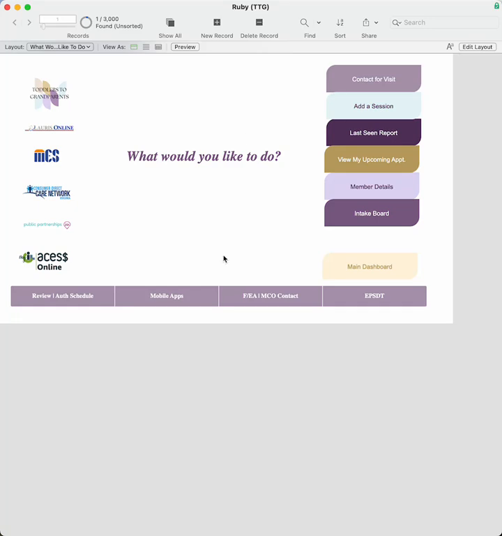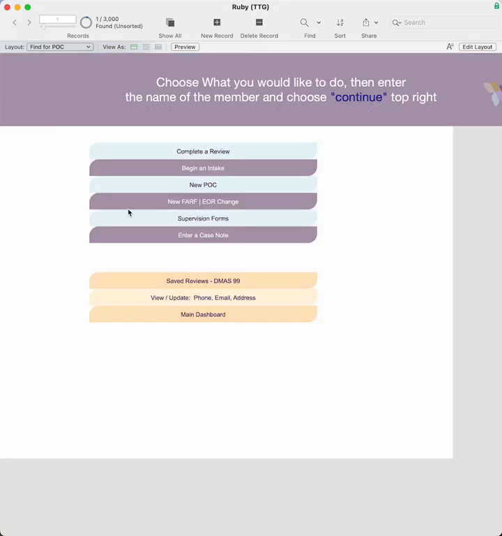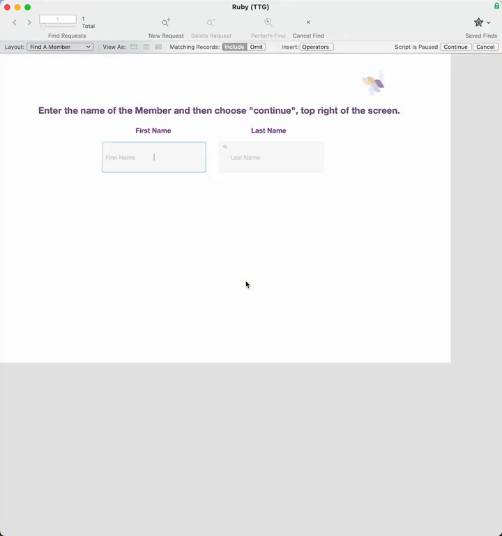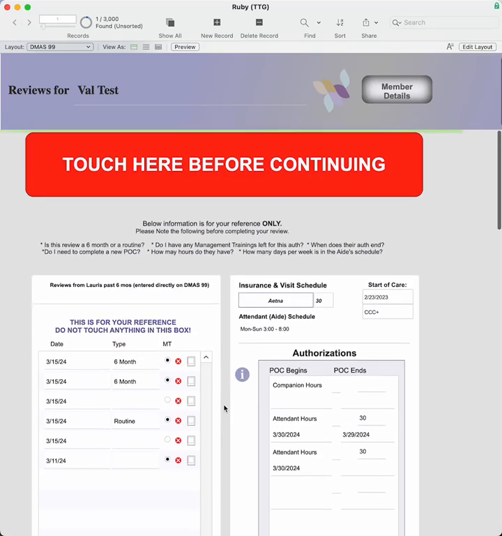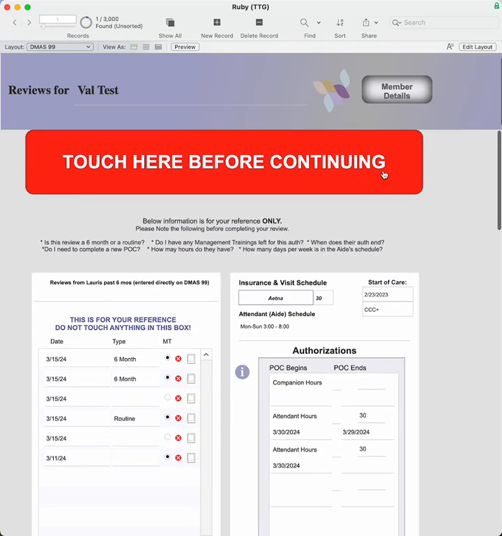If you want to go back and see that 99 so you can tweak those areas, hit Add a Session, Saved Reviews, DMAS 99, first name, last name. Now, at this point, you do not want to touch here before continuing, because that's going to create a whole new review.